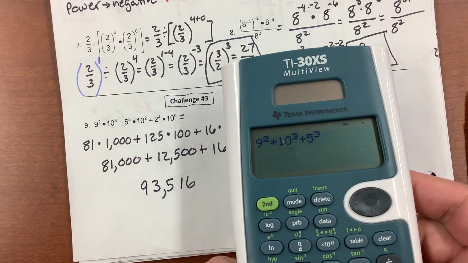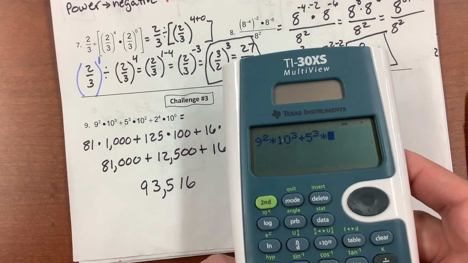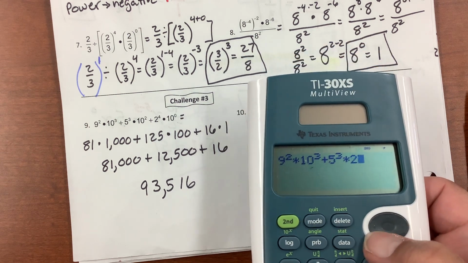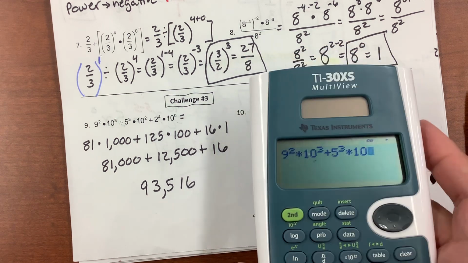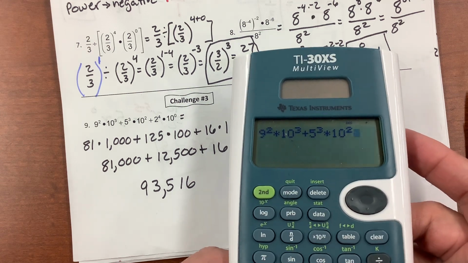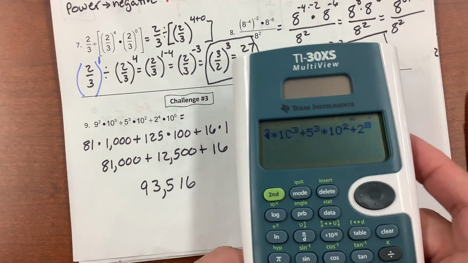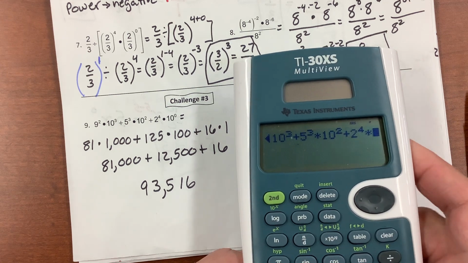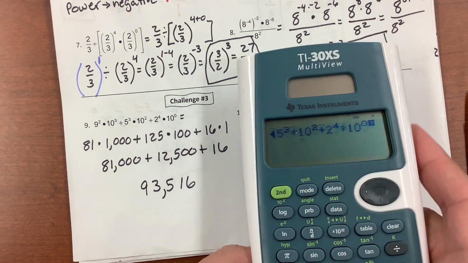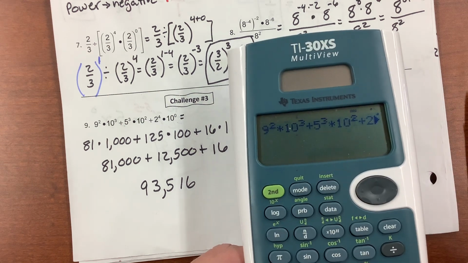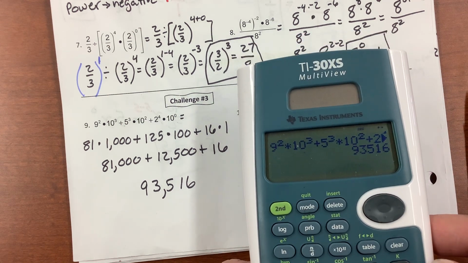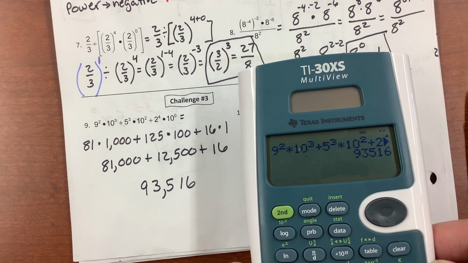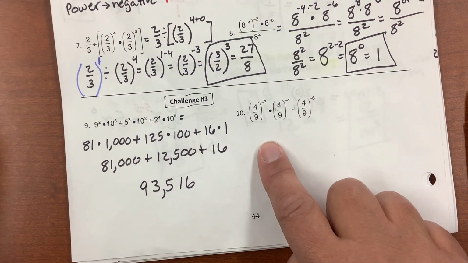Get off the exponent times 2, nope, go back, times 10 squared plus 2, up arrow 4, times 10, up arrow 0 power, get off that exponent, and look at that, I got the same number, 93,516.